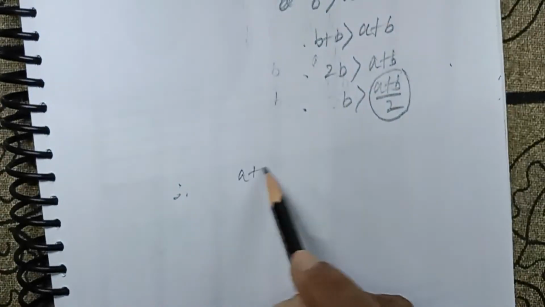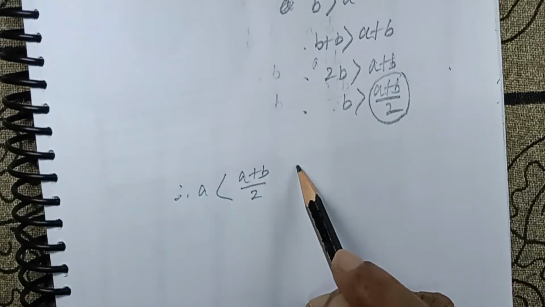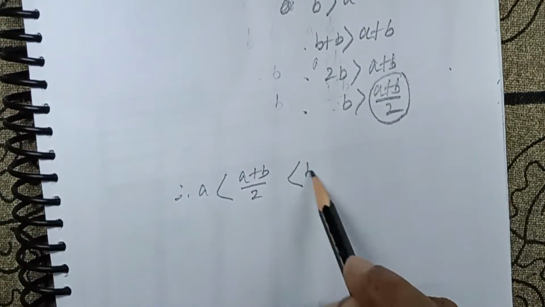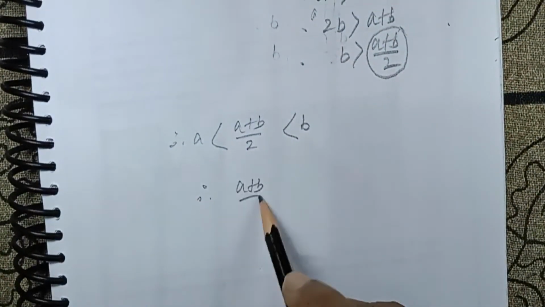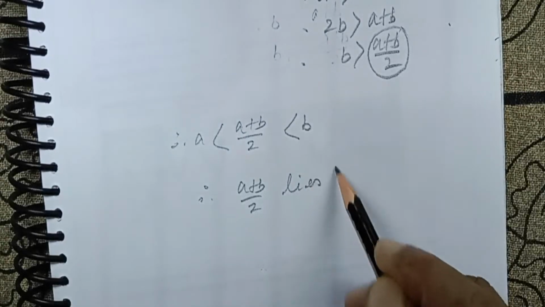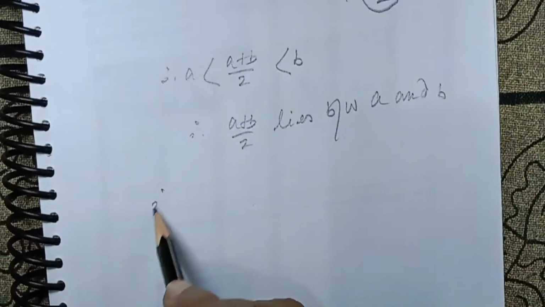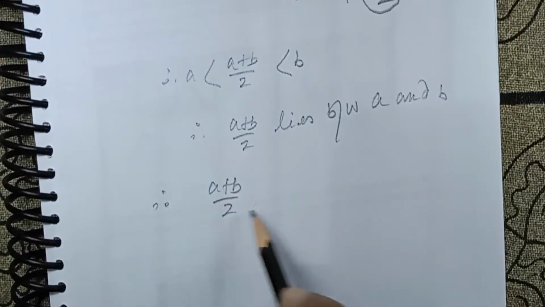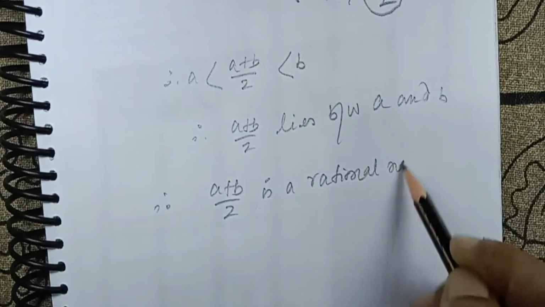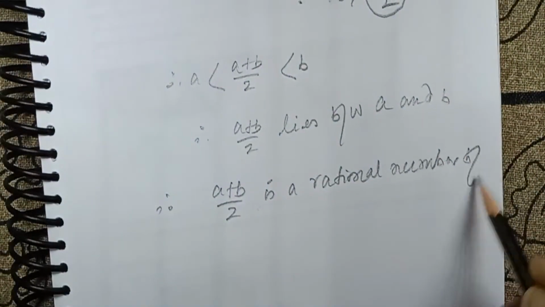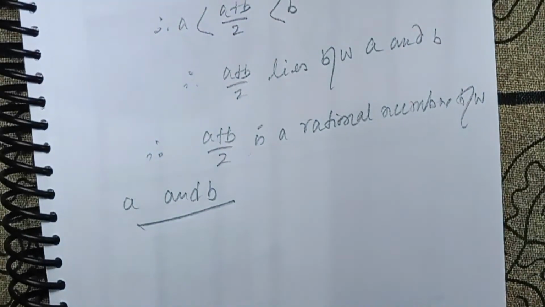Therefore a plus b by 2 is greater than a and lesser than b, therefore a plus b by 2 lies between a and b, therefore a plus b by 2 is a rational number between a and b. Should I explain once more?